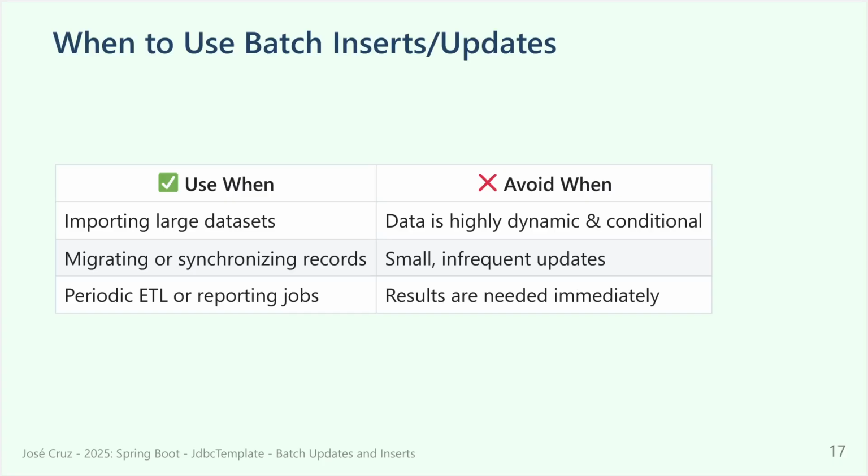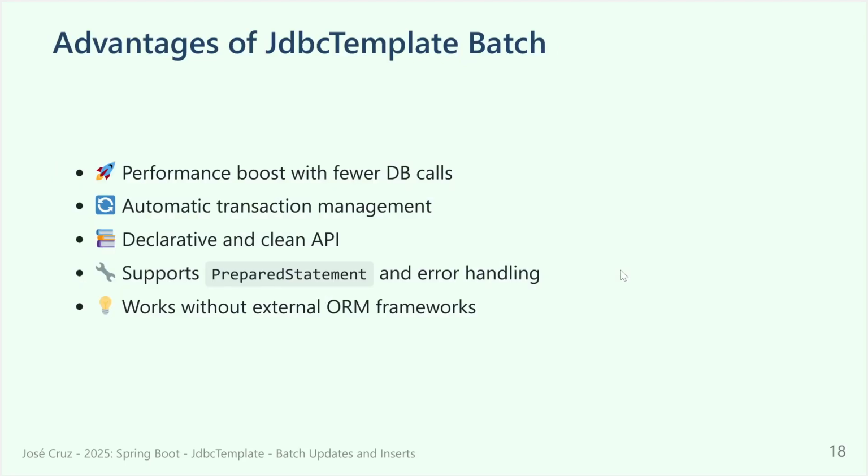Imagine that you have 10 inserts and after one insert you need some feedback because you need this ID. There is a relation. The feedback is quite important. So you don't go with batch, because in the batch, first everything will be processed and then later you receive the results. So again, advantages of using JDBC template: performance, automatic transaction management, declarative and clean API.